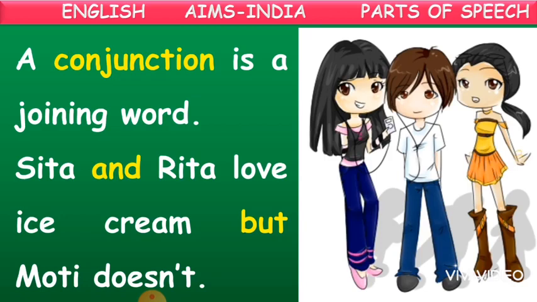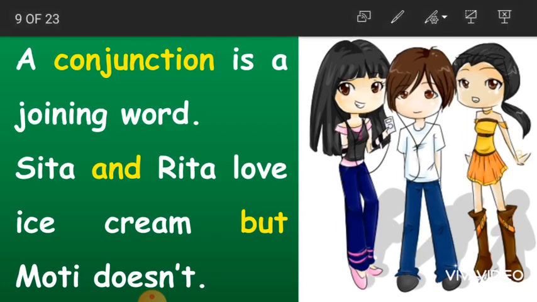So we call it a junction. So here, Sita and Rita love ice cream but Moti doesn't. If you see, we are having two words here, and and but. These two words are joining the remaining words in the sentence.